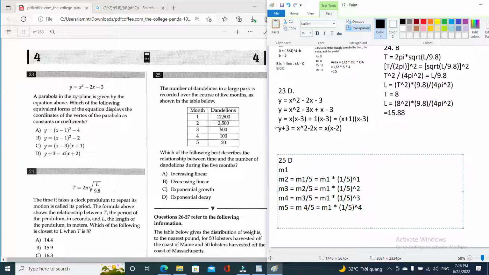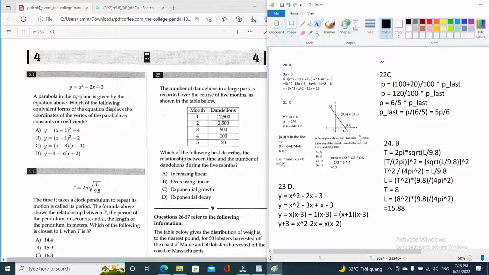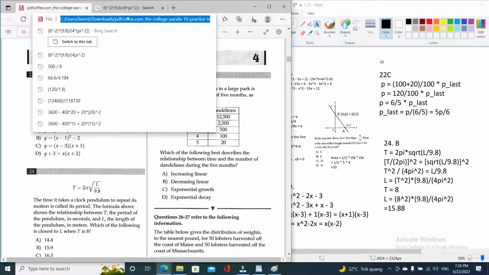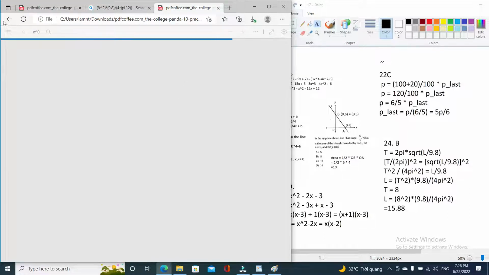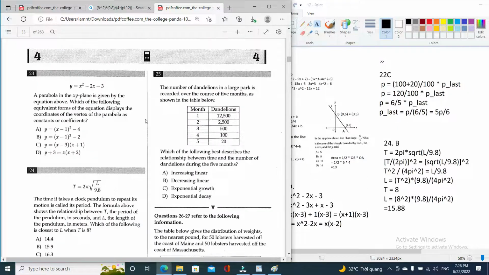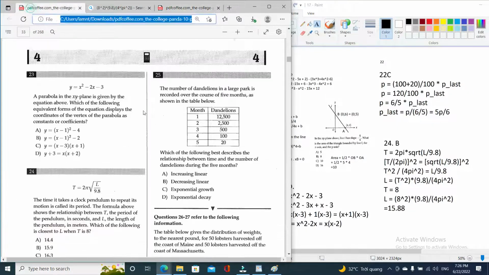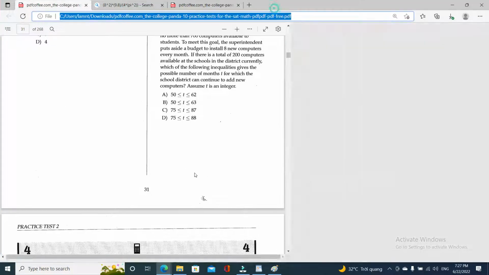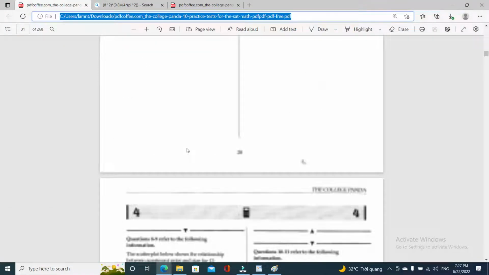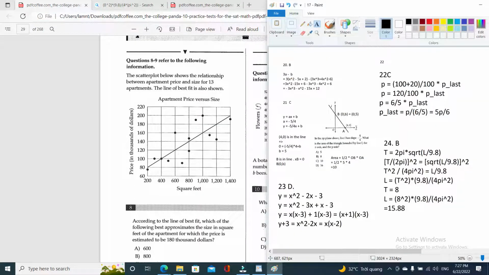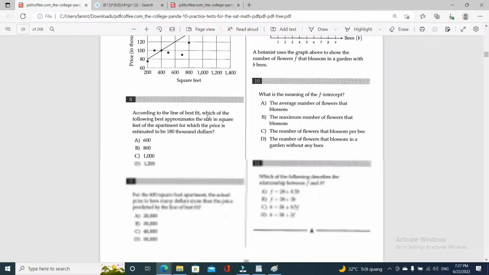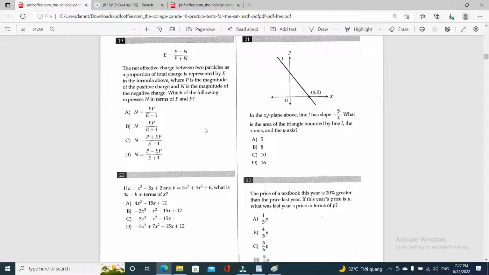So let's check. We are doing practice test 2, and we were doing questions 20 to 25, section 4.